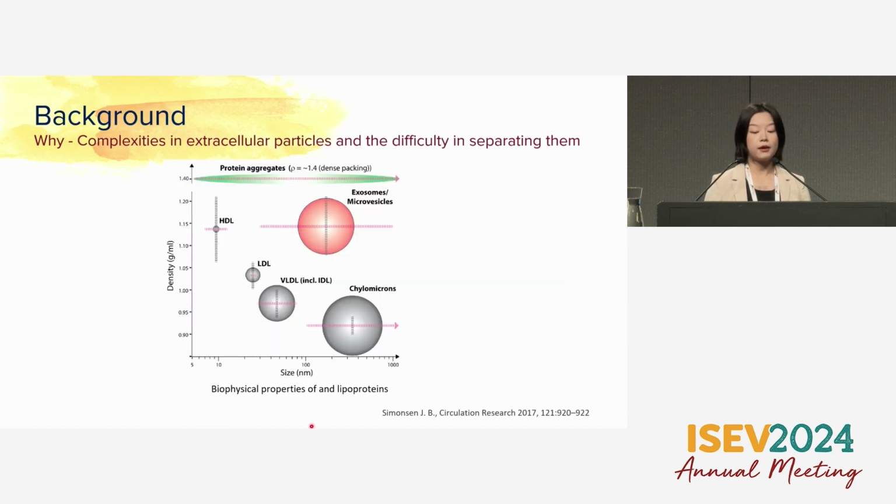The other reason, besides that, is due to the difficulty in separating EVs from the other extracellular particles. I think this has been talked about this morning in the EV isolation talk. And taking plasma-derived EV as an example, they are quite difficult to be separated from those lipoproteins, which share the same similar size and density with EVs, while have several orders of magnitude higher than the amount of actual EVs.